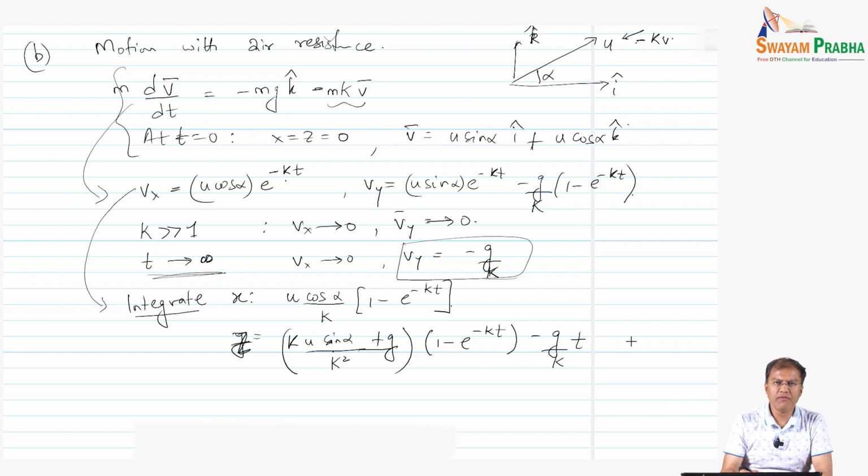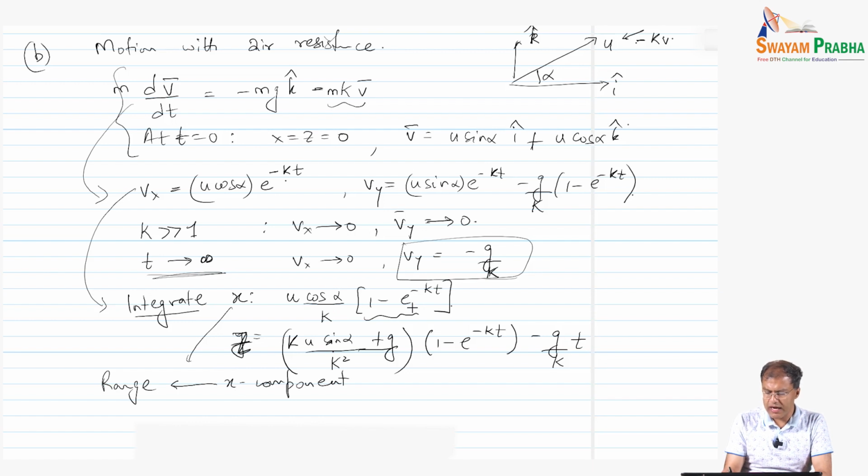So from here we can do the same analysis. We can start finding the time of flight, the total range, the maximum height reached, and so on. We can quickly show that the range comes from the x component of the position vector. But we see that in the x component we have this factor 1 minus e to the power minus kt.